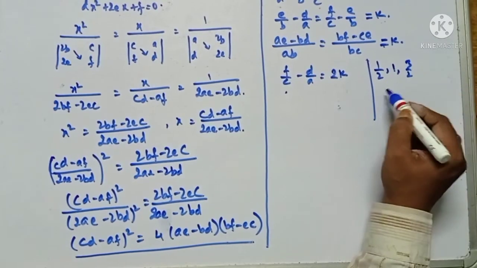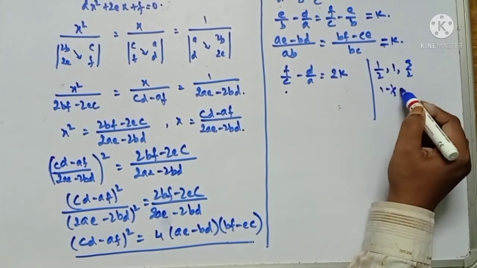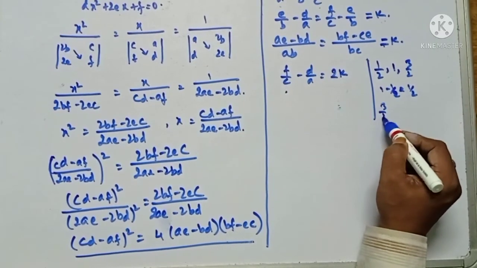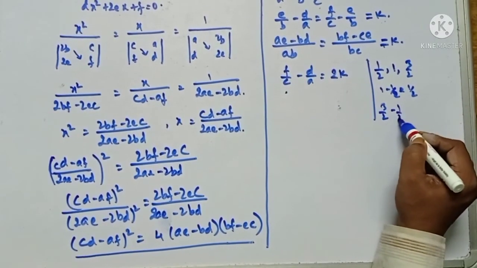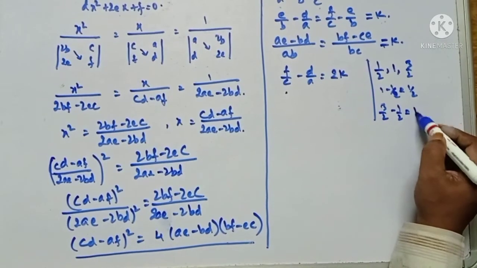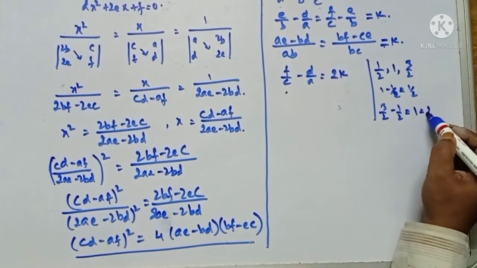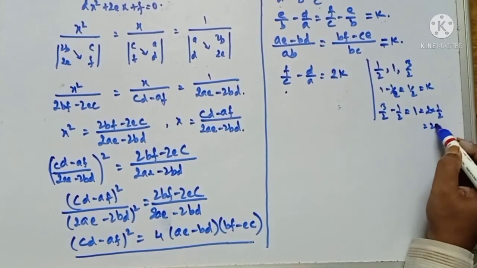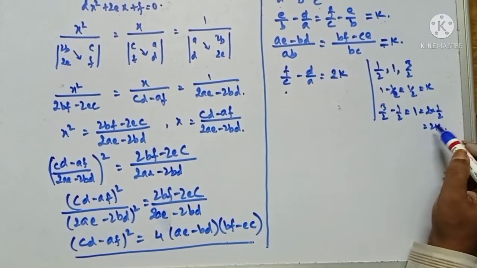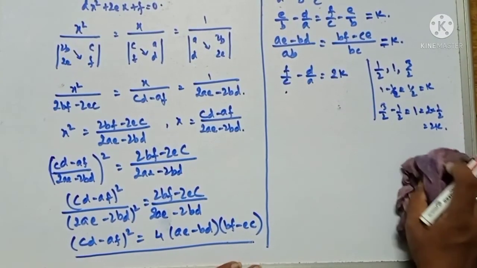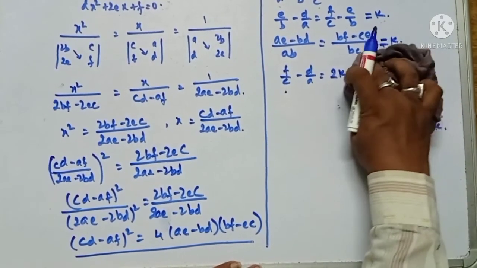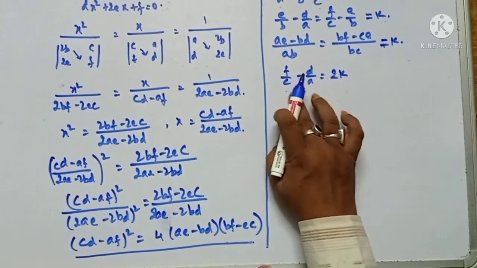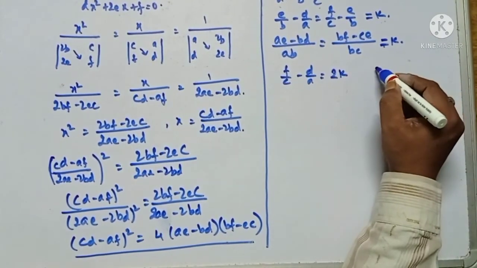Here 1 minus 1 by 2, the difference is 1 by 2, and again 3 by 2 minus 1 by 2 is equal to 1, which is twice 1 by 2. So if this is k, this will be 2k. This is the conclusion you get here.